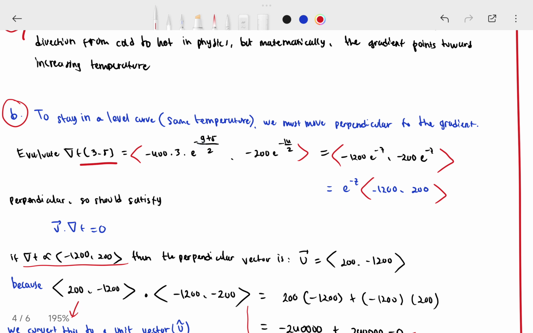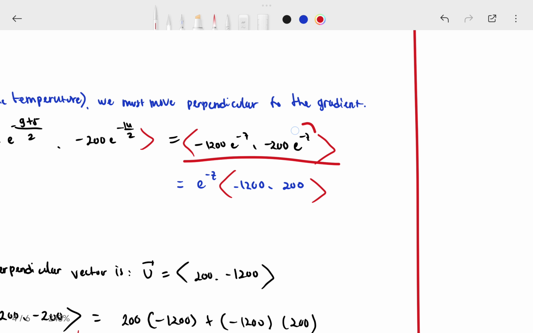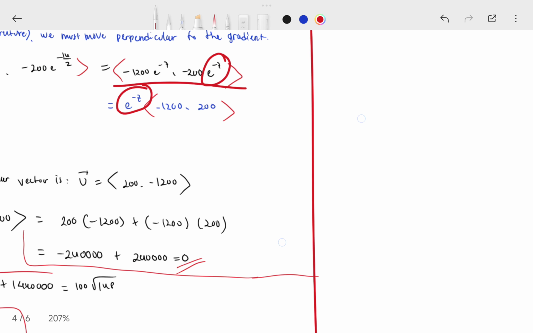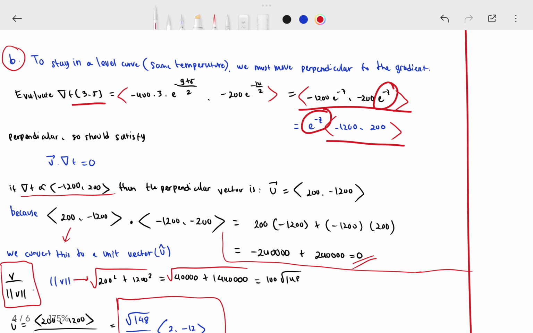So 3 squared is 9, plus 5, and as we compute, we got minus 1200 e to the power of minus 7, and minus 200 e to the power of minus 7. We can take the e out of the vector, so it becomes a constant, and we are left with this number.